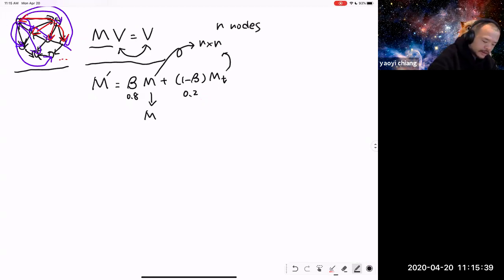Also n by n, right? So if you look at the n by n matrix, what would be the values of each row and column? In this n by n matrix, because we are saying this is teleporting from one node, you have equal probability to go to any other node. So every element here is 1 over n.